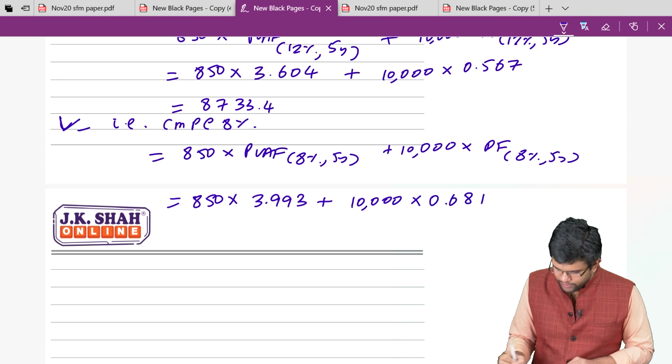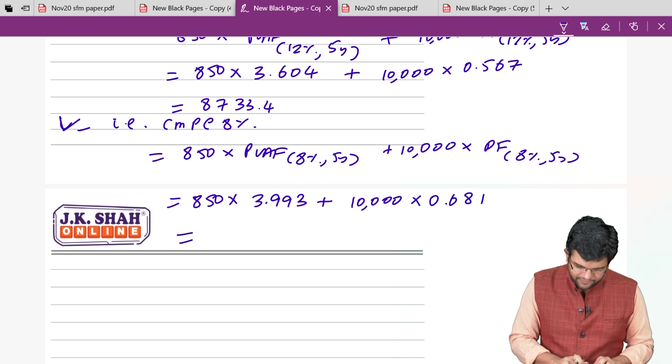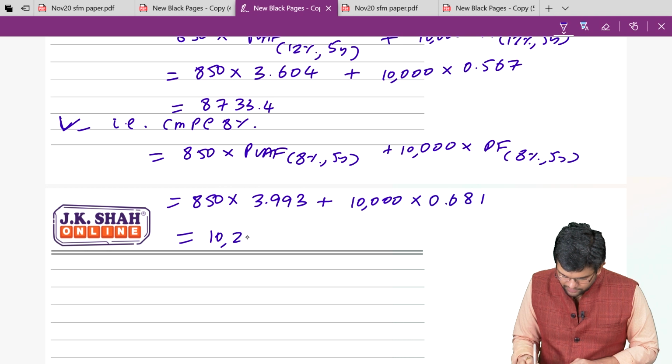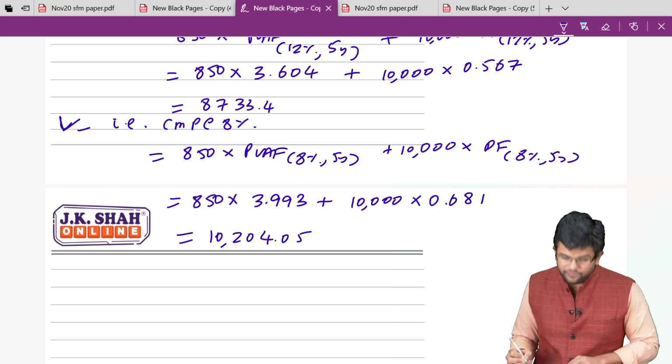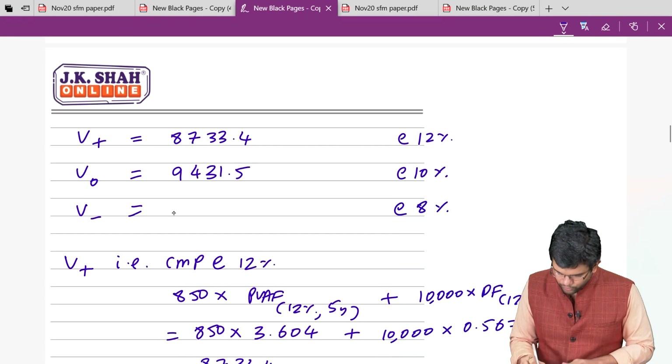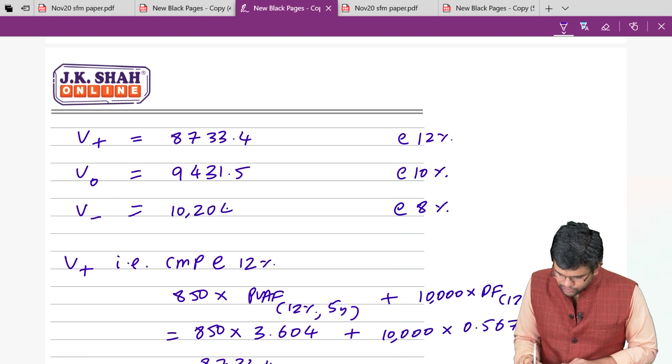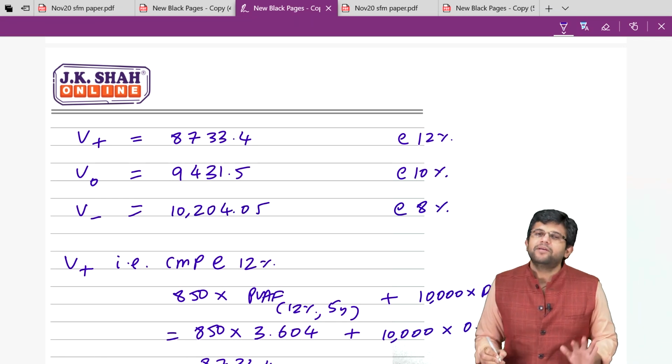So 850 into 3.993 plus 10,000 into 0.681 will come to 10,204.05. Everyone following till here?